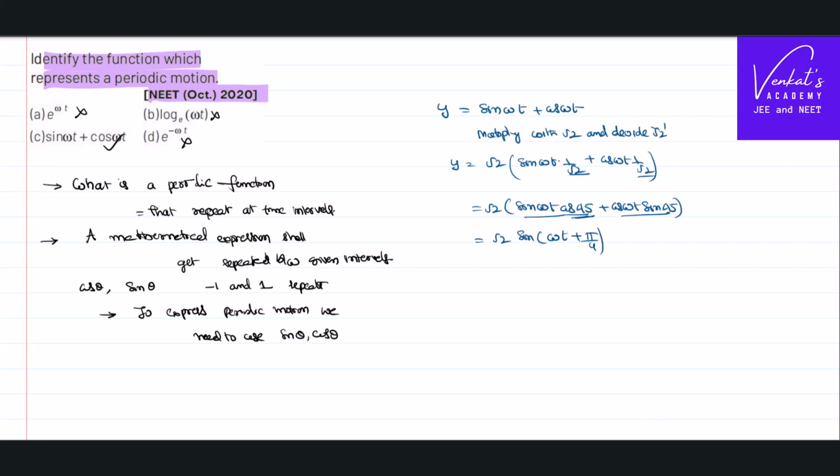So now this is definitely a representation of a simple harmonic motion, in the format y equals A sine omega t plus or minus phi, where the amplitude is equal to √2. So this is a representation of an oscillatory motion or a periodic motion, and this is definitely the right answer.